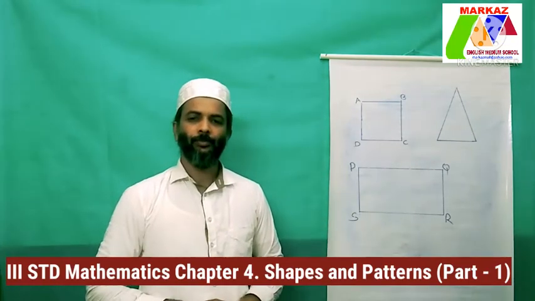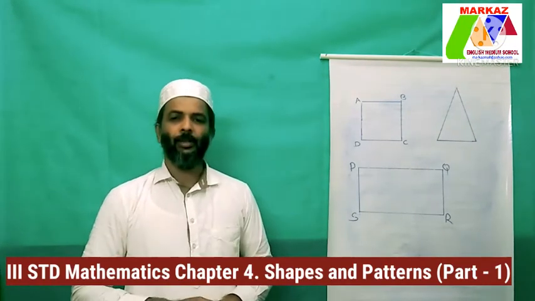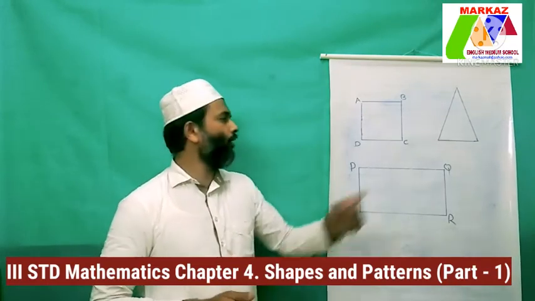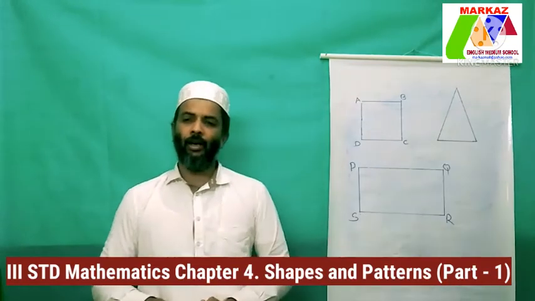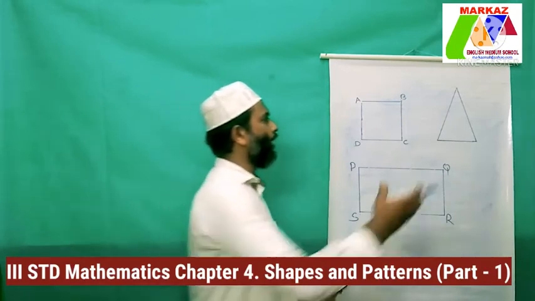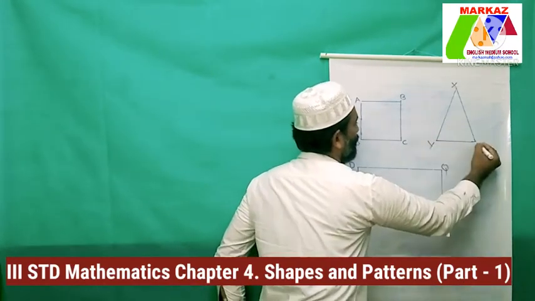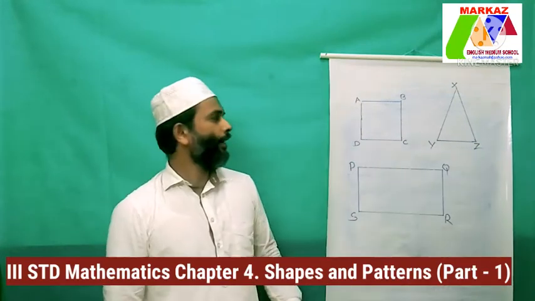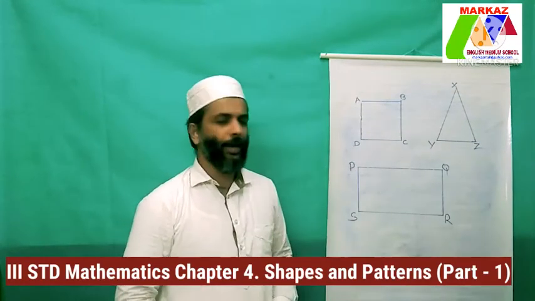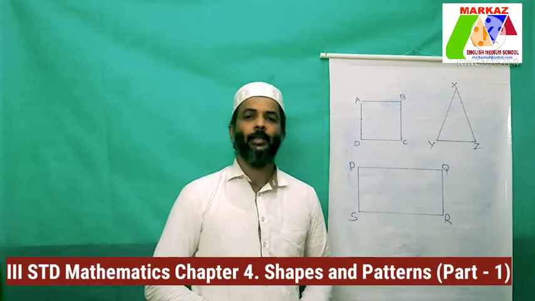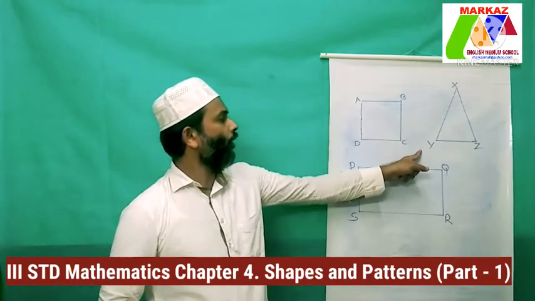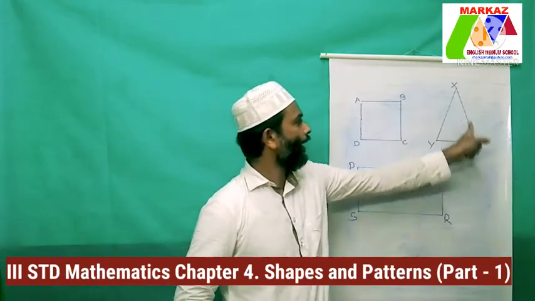Is it clear? Next, triangle. Triangle only 3 vertices. In this figure, we write X, Y, Z. Vertex X, vertex Y and vertex Z. Sides are XY, YZ, XZ.